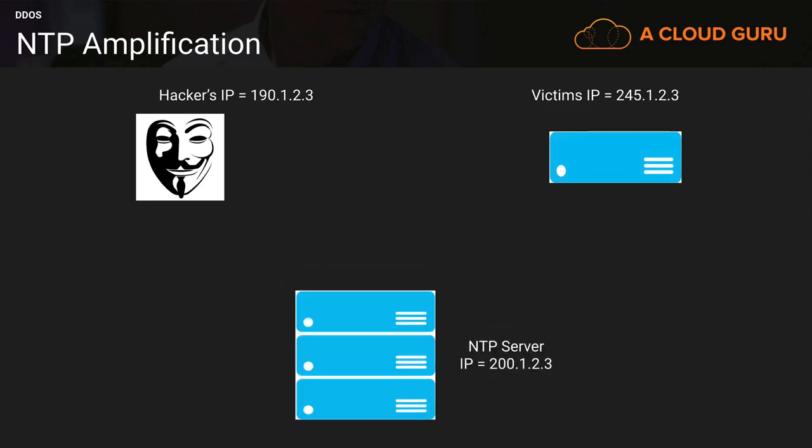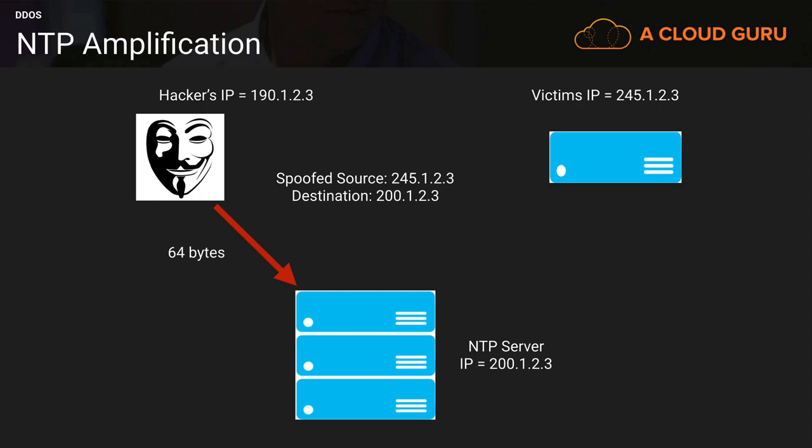Let's have a look at how this works. We've got our hacker, with the hacker's real IP address, which is 190.1.2.3. They're targeting a particular victim, and they know the victim's IP address, which is 245.1.2.3. So they go out and identify a whole bunch of NTP servers. It's not normally one, it will be a whole bunch. Essentially they'll spoof their IP address to be the victim's IP address rather than their real IP address, and send that on to these NTP servers.